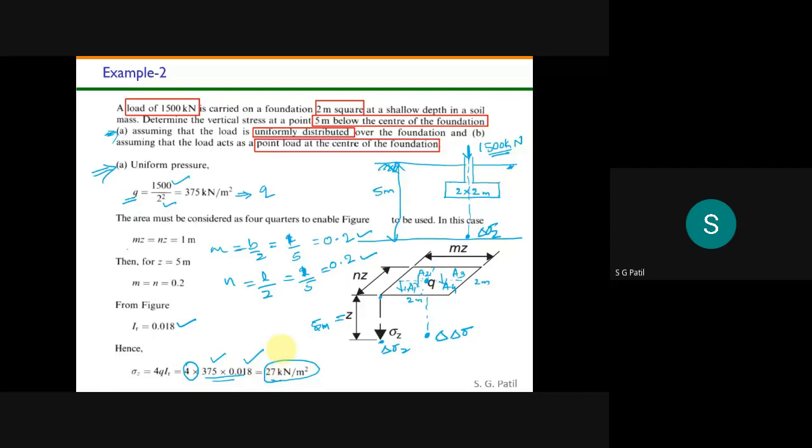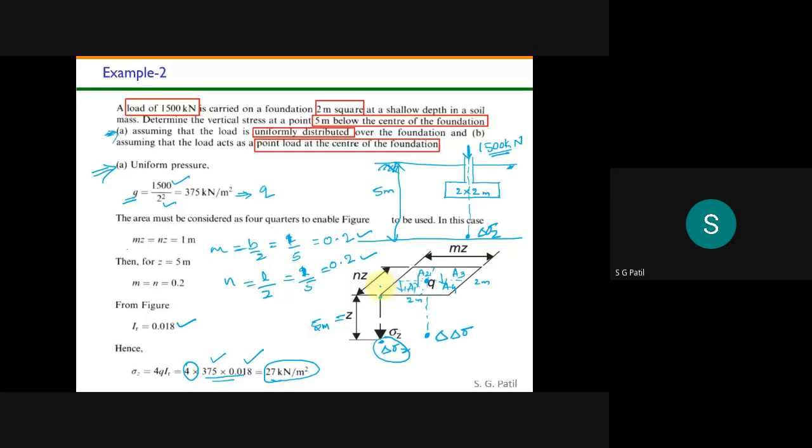Earlier, the mistake I made was that I took the entire square, which is not correct, because then I am calculating the stress increase at this point, which they are not asking for. They are asking you to find the stress increase at the center of the footing. So I will divide this bigger square into 4 small squares.